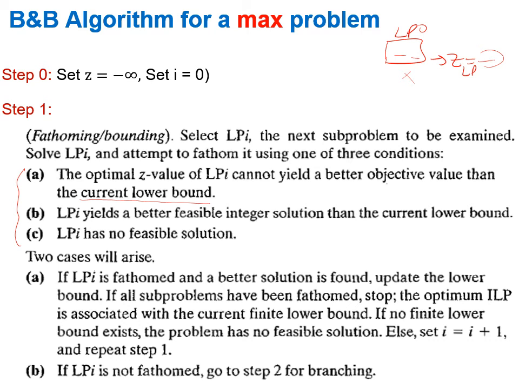If the best integer solution that you know is better than this one, then you don't need to continue anymore. You will not be able to find a good solution. So you can fathom by bound. So this fathoming by bound is very critical. You will get the idea when we solve examples on this. Okay. Let's continue with the others, and it will be more clear when we solve examples on this.